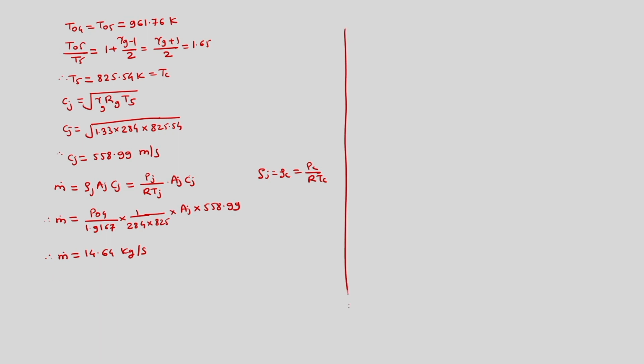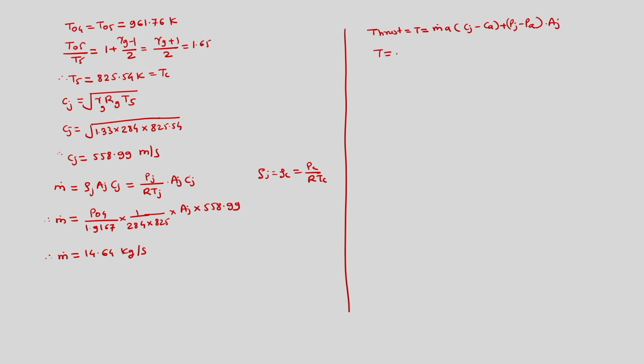So having known this, we can find the thrust, which is T equals m dot A into (Cj minus Ca) plus (Pj minus Pa) into Aj.